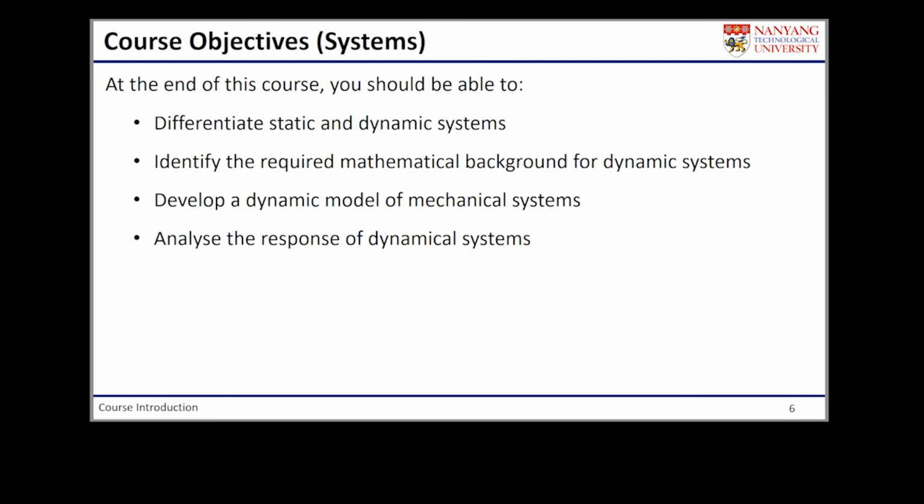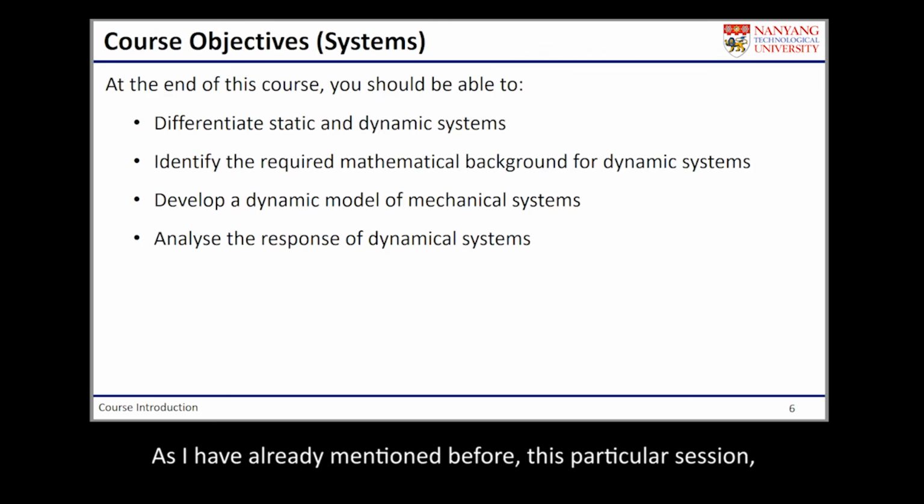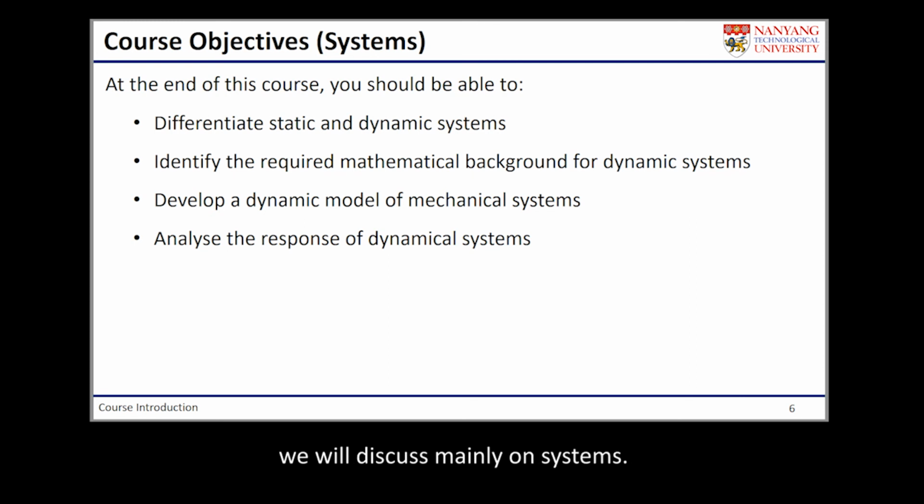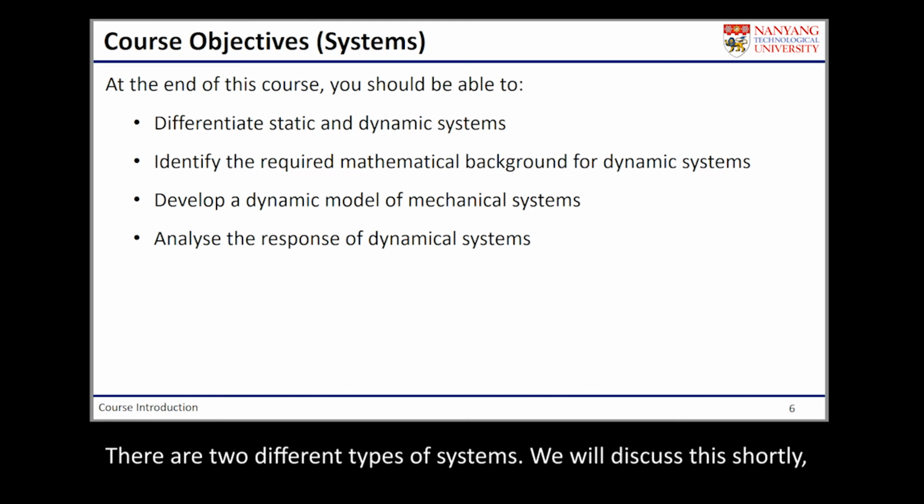Okay, so as I have already mentioned before, these particular sessions will discuss mainly systems. So then at the end of this course, you should be able to first differentiate static and dynamic systems. There are two different types of systems. We will discuss this shortly.